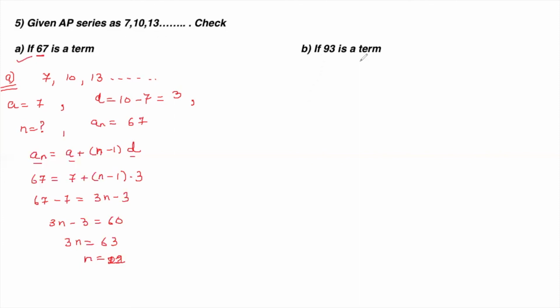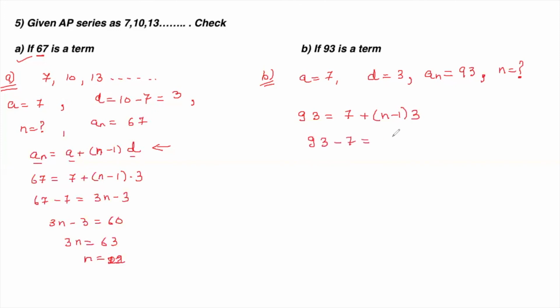Now let's check for 93. Again, we have a = 7 here because the AP series is the same, and d = 3. In this case, an changes from 67 to 93. Again, we need to find the value of n, so we substitute everything in this formula. 93 = 7 + (n - 1) × 3, that is, 93 - 7 = 3n - 3. Now I'll subtract, and I get 86.